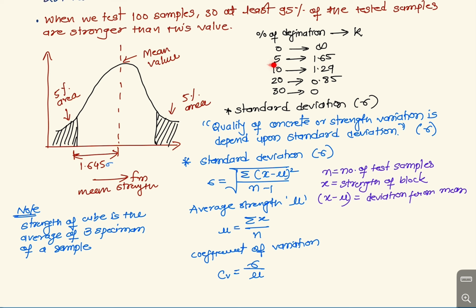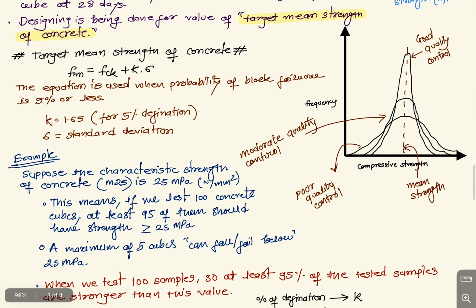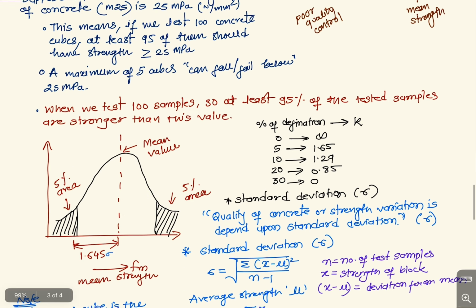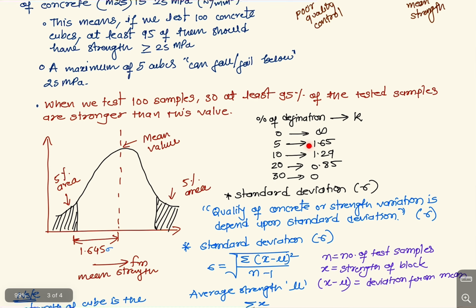But remember, we use only this criterion for design. So for this formula, if you are doing the calculation for M20 grade of concrete and the block failure is 5% or less, your K value will be 1.65. If the block failure is 10%, then you are supposed to use 1.29 instead of 1.65.